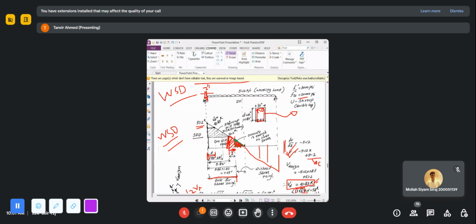Okay, ACI code allows that you don't have to provide the stirrup in this particular green zone.